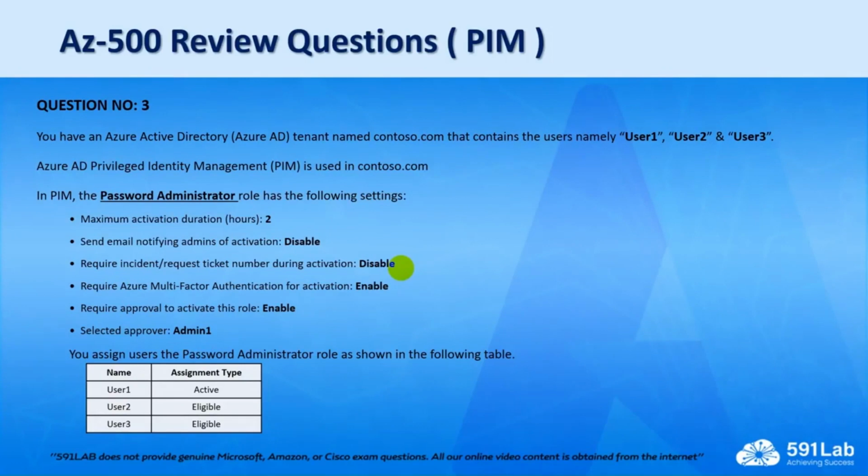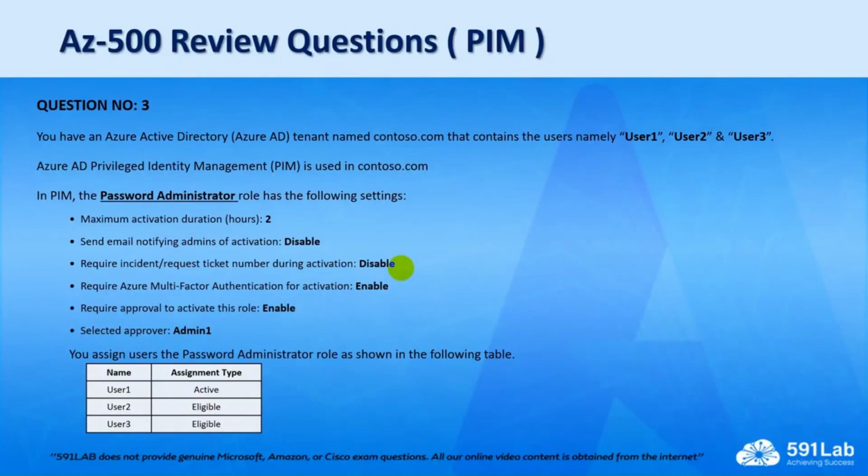The next option says require approval to activate this role. It says yes, which means whenever an admin activates the password administrator role, it is going to be approved by someone. You can see here the selected approver is admin 1. So any user who activates the password administrator role, the request will go to admin 1 first to approve, and then it will get activated.